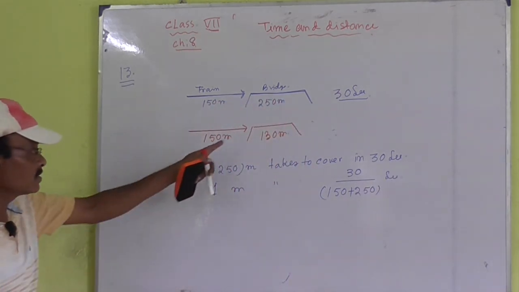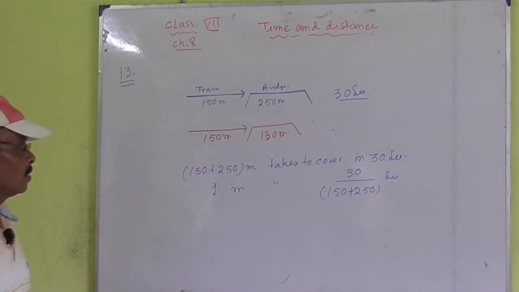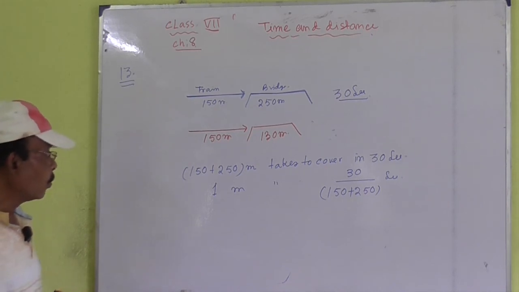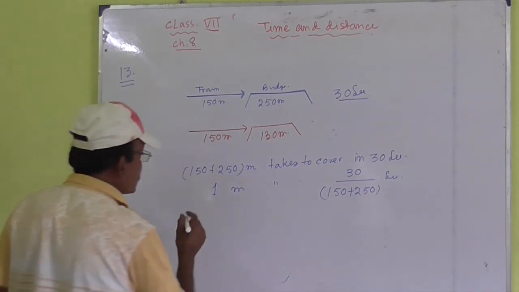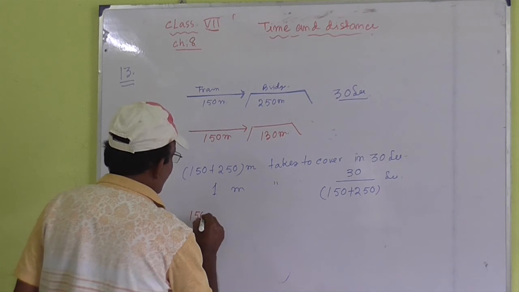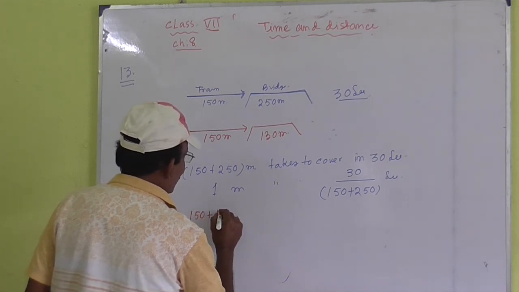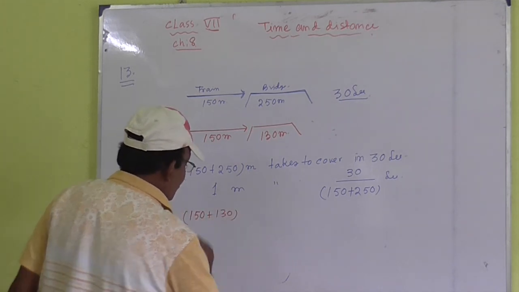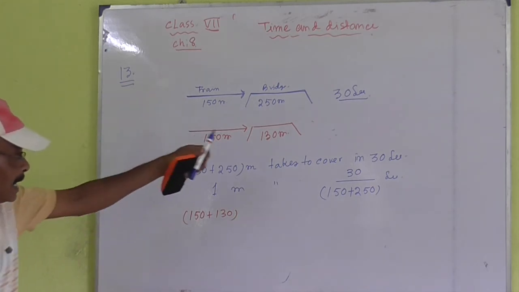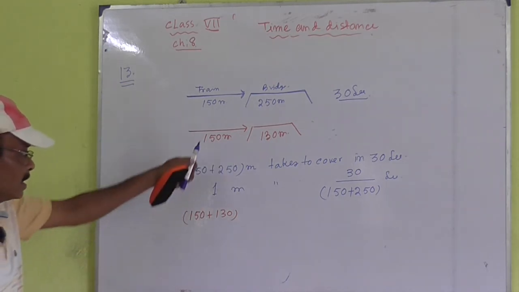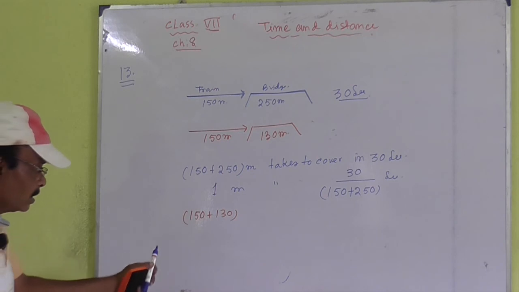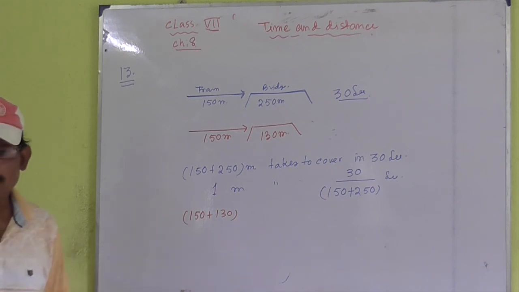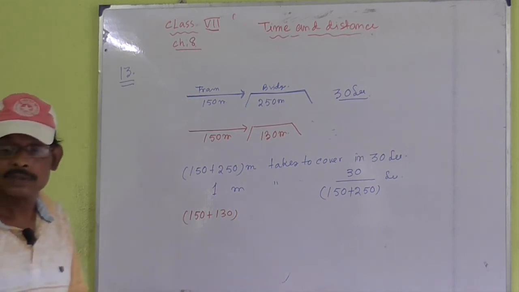Now, the second part, 150 plus 130. That means the sum of the length of the platform and the train is 150 plus 130. Clear?